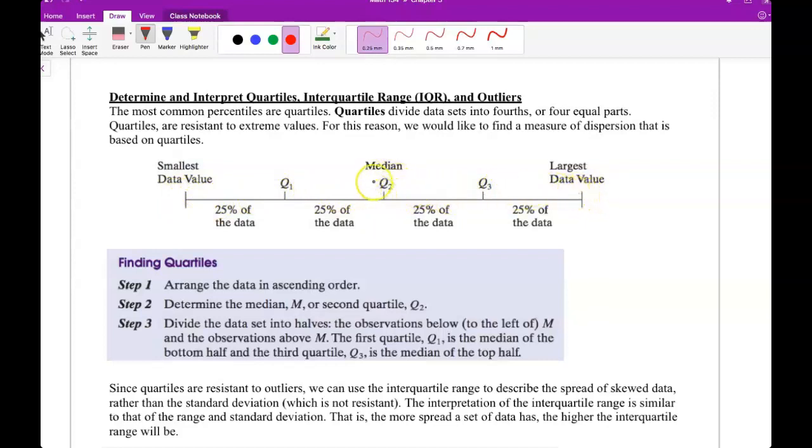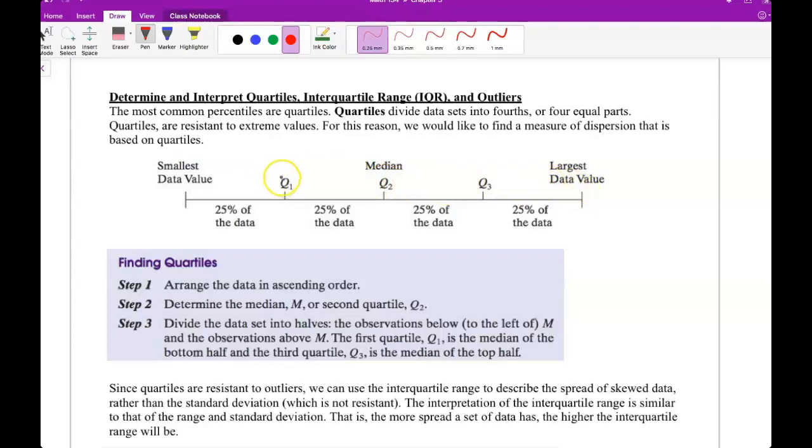What we have in between, we use Q2 for that. And also you already know that what you have in between is the median. Then after that we should find what is between the smallest data value and our median. We call that Q1. And on the right side, on upper 50%, now we should find what we have in between the median and largest data value.